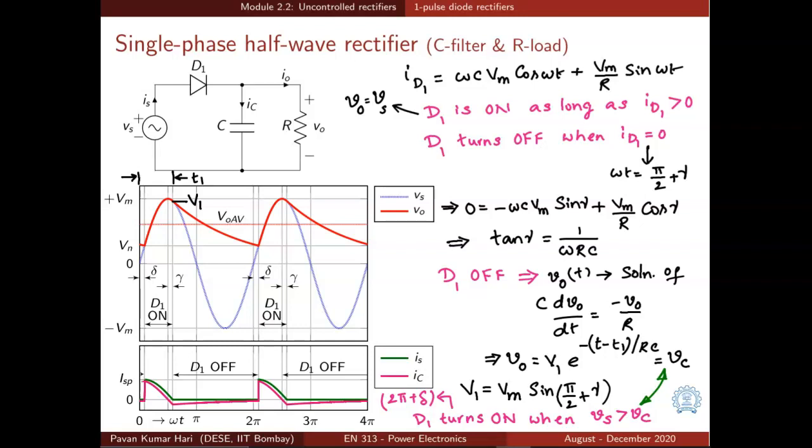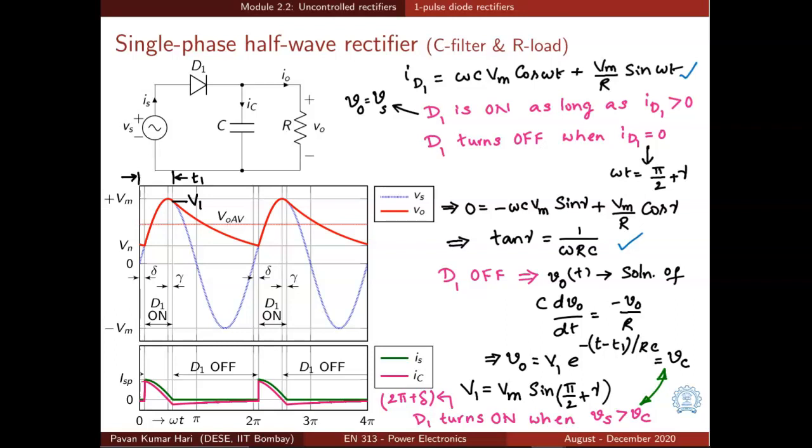Gamma can be found by equating ID1 to 0. That means 0 is equal to minus omega C Vm sin gamma, because it is cos of pi by 2 plus gamma, plus Vm by R cos gamma. That will result in tan gamma equal to 1 by omega RC. So the diode turns off at pi by 2 plus gamma, and gamma can be found by this expression.